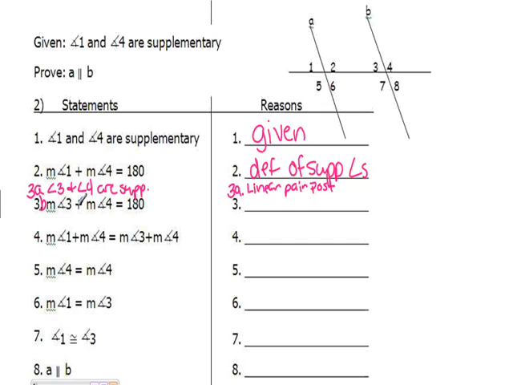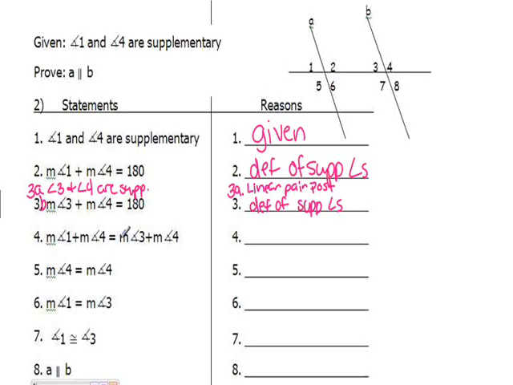And then I can say their measures are 180 degrees, and again, that is my definition of supplementary angles. I don't feel like you can go straight to saying that their measures equal 180 degrees unless you've previously said that they are supplementary.